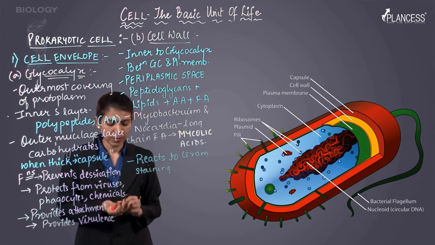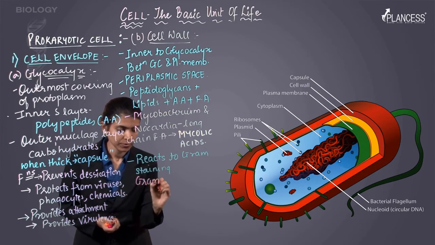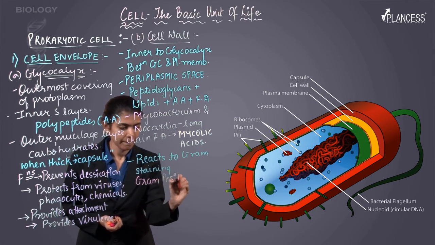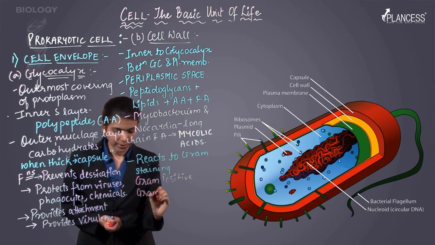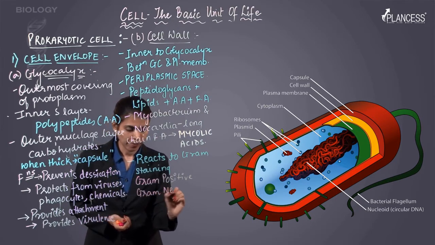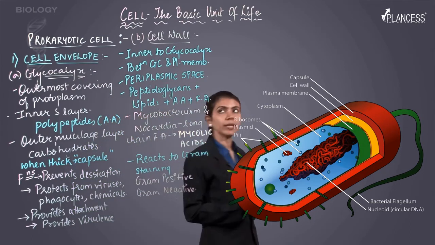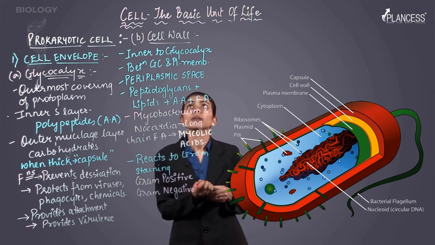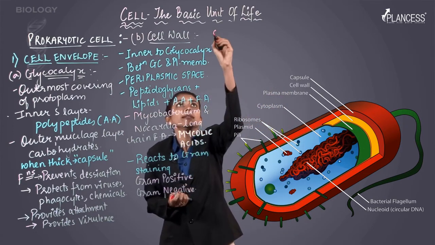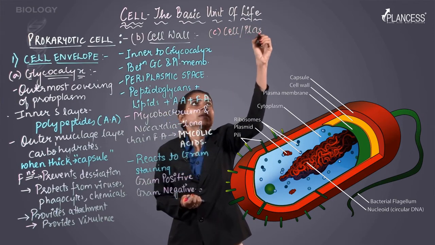Now going on to the third and innermost layer of the cell envelope, which is the plasma membrane. So we have at C the cell membrane or the plasma membrane.